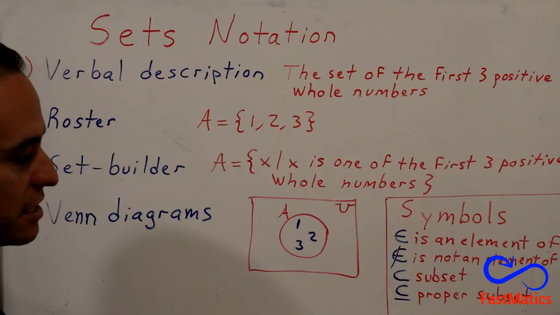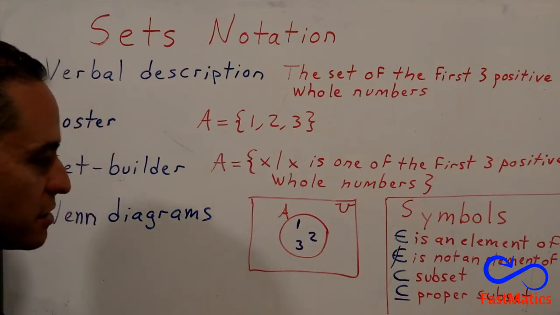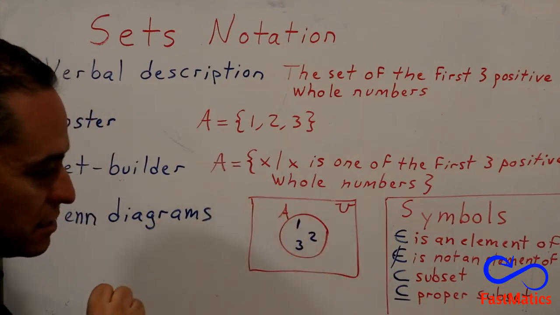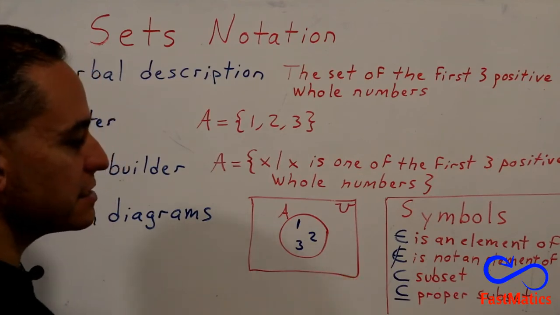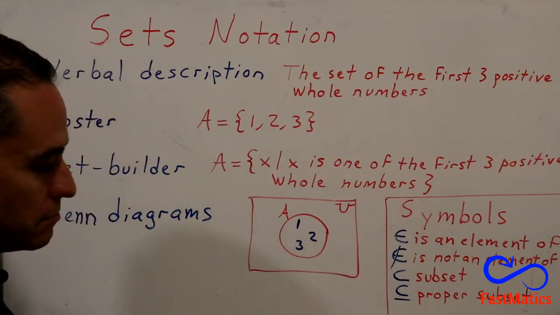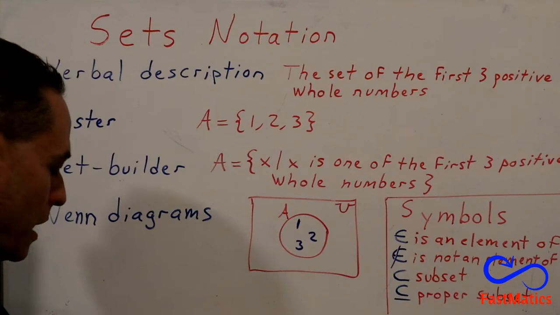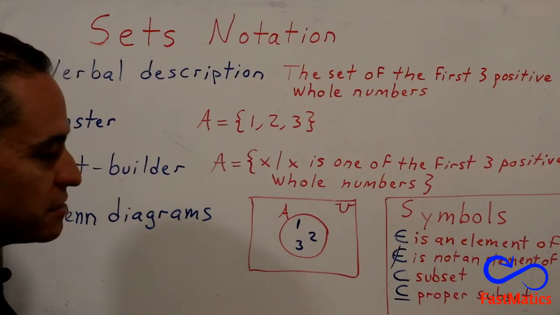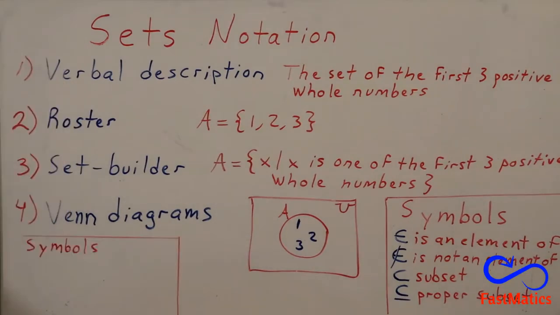But if you list all the elements of a set, you're going to say it is a subset. Small details, but we have to know that.